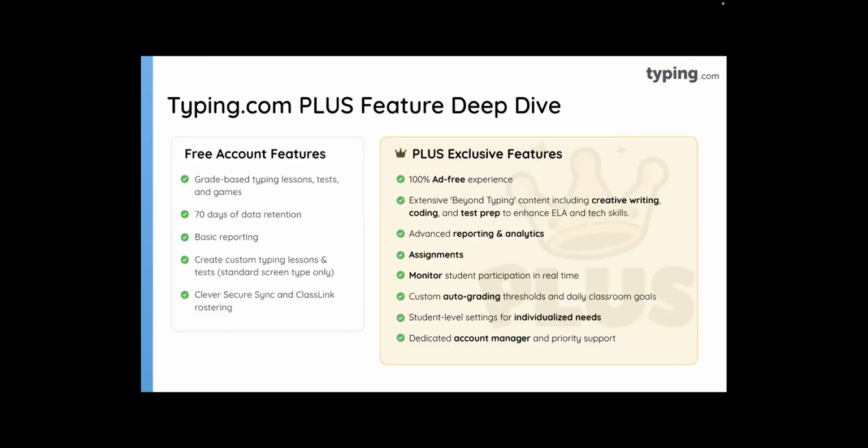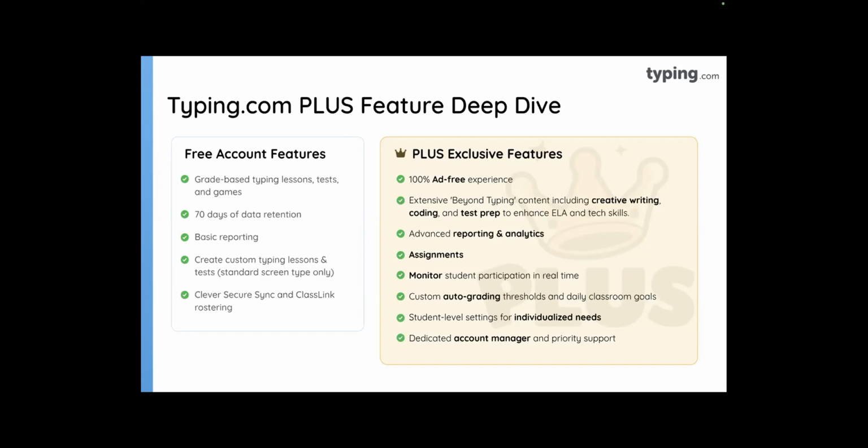There's also advanced reporting and analytics, and a lot of classroom management tools that make the lives of teachers and districts easier, including assignments. They can monitor student participation in real time and set custom auto-grading thresholds, which is on the next slide. On the free accounts, a lot of these settings can be done at the classroom level; with our Plus features, they can do many of these settings at the student level, making it easier to individualize the content for each student.